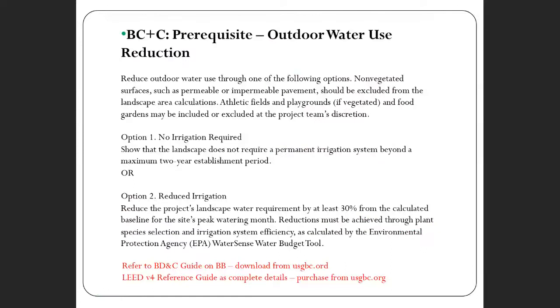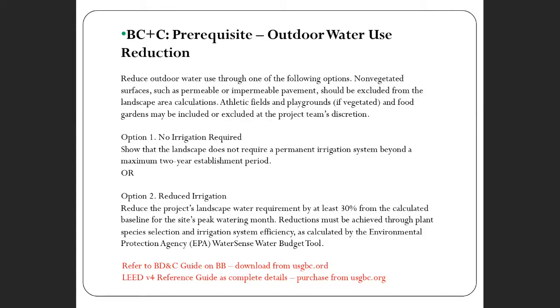Just an example, what is that prerequisite must do? Outdoor water use reduction. Again, oftentimes in LEED world, you'll have options. Option 1, option 2. I'd show that the landscape does not require a permanent irrigation system beyond a maximum 2-year establishment period, right?